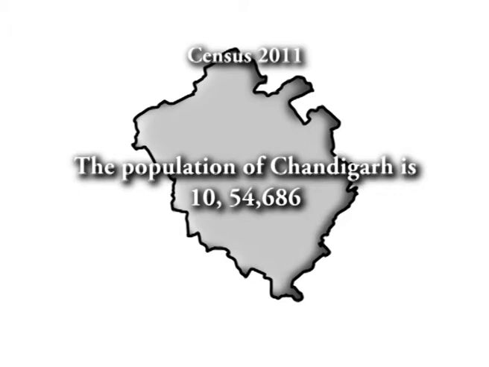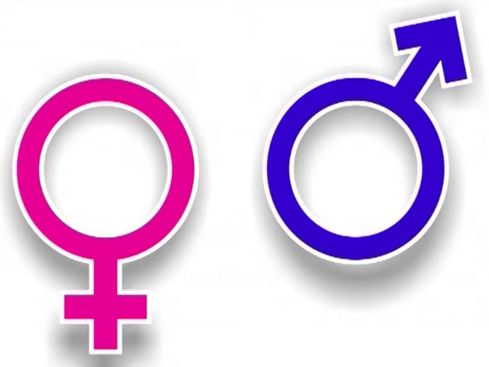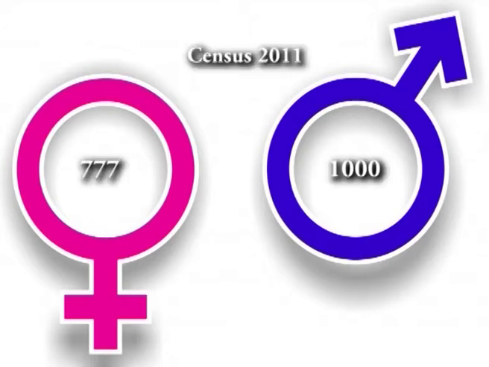The population of Chandigarh is 10,54,686, of which males constitute 56% of the population and females 44%. The sex ratio is 777 females for every 1000 males, which is the lowest in the country.